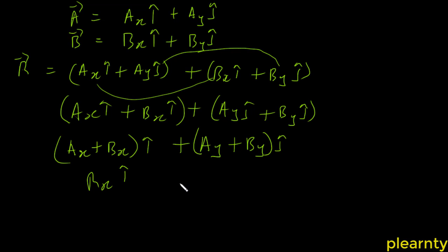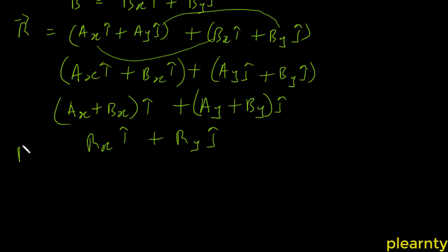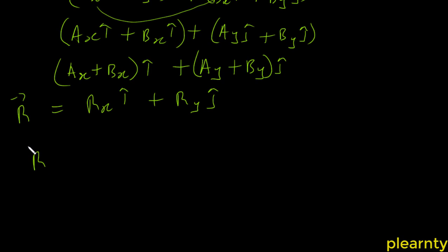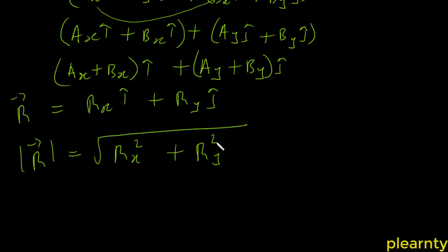RxI plus RyJ. So vector R is equal to this. Now this is a complete vector, unlike just when you have the components. This is a component and a pointer, which is the unit vector. Now we could find the magnitude of R by saying the magnitude of R is the square root of the x component squared plus the y component squared.